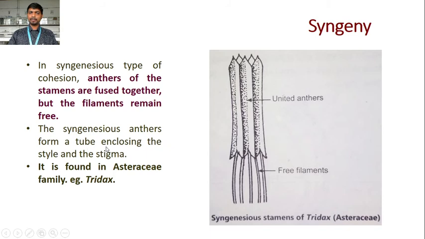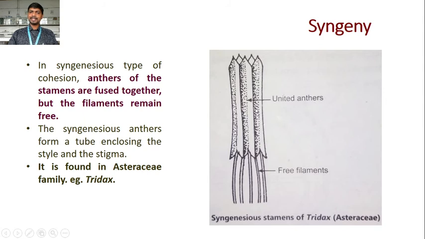Syngenesis anthers form a tube enclosing the style and stigma. So inside this syngenesis anther, the stigma and style are present, which are parts of the gynoecium, and it is found in the family Asteraceae, for example Tridax. Which condition? Syngenesis condition.